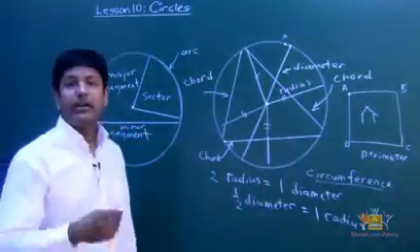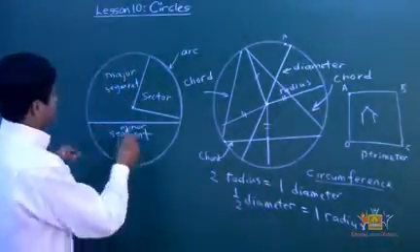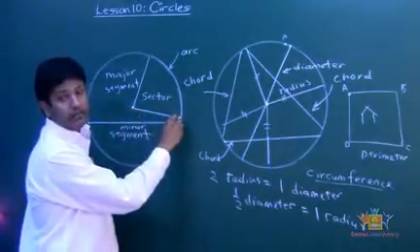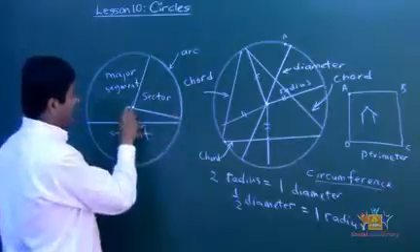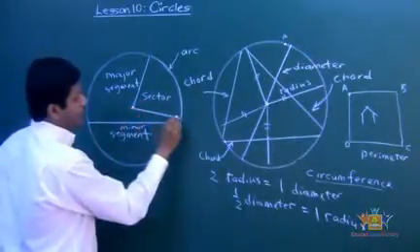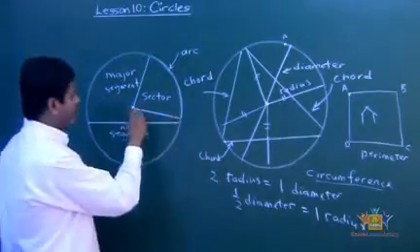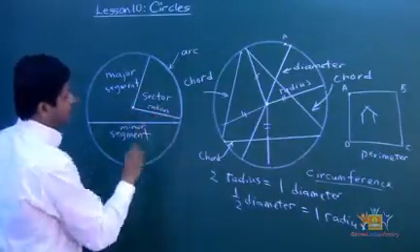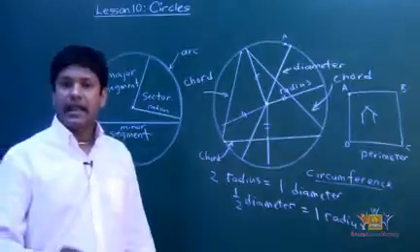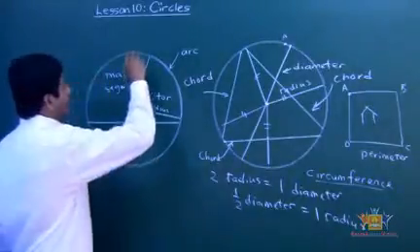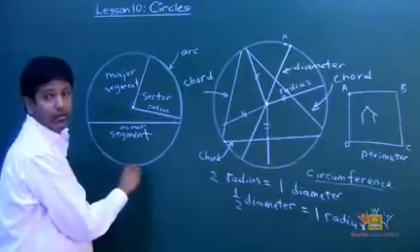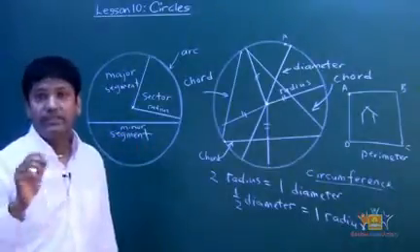Then we talked about, of course, the radius. The radius is from the center point to the next point on the circle. That's the length from the center to the circle, and that is called the radius. Now what about the diameter? The diameter goes from one point of the circle all the way to another point of the circle, going through the center.